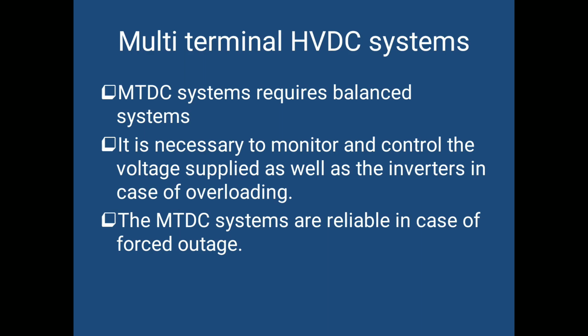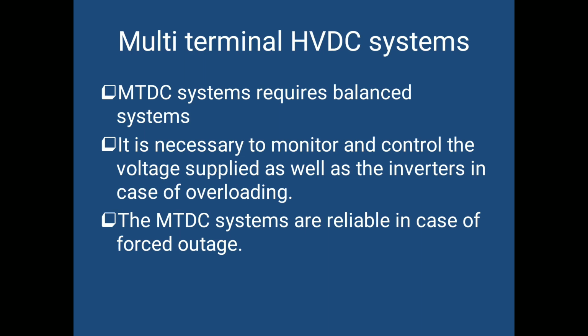In multi-terminal HVDC systems, it is required to balance the system in such a way that the amount of current supplied by the rectifier stations is equal to the amount of current supplied by the inverter stations. In case of high power demand from any inverter station, the DC power is ramped up to meet the requirement.